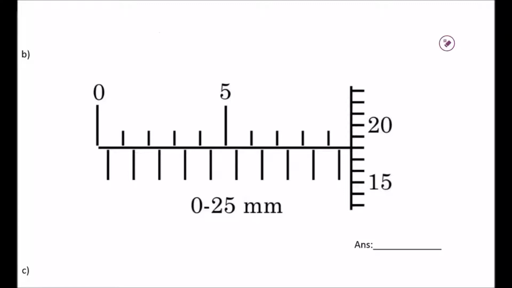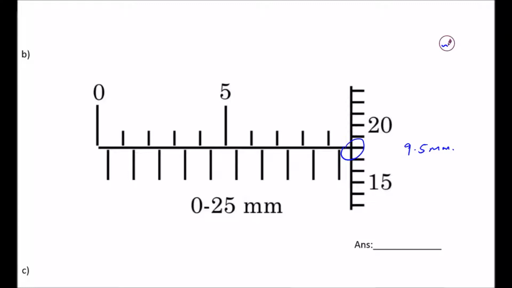Okay, so let's take a look at question 2b. The first step is to locate where the timber starts, which is this point as I have highlighted in blue. Just by looking at this point, we know that the measurement is somewhere close to 9.5 mm. How do I get that?